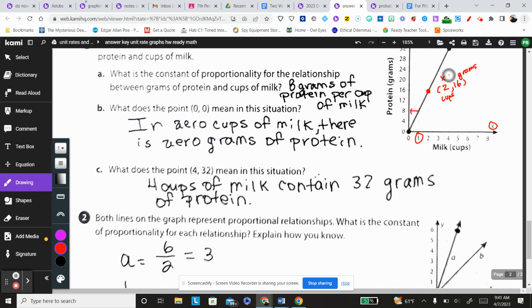And you just take your Y and divide it by your X. So 16 grams divided by 2 cups of milk equals 8 grams per cup of what?